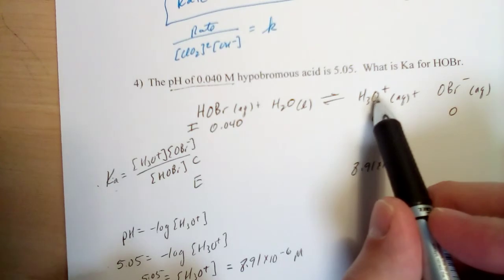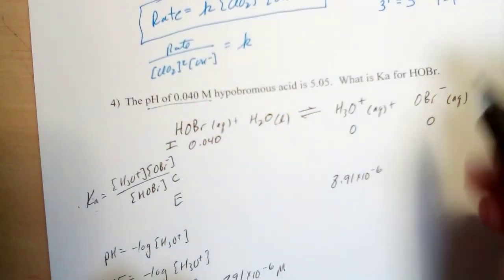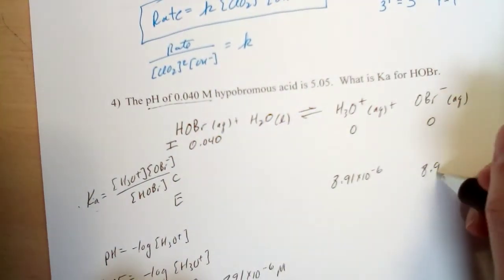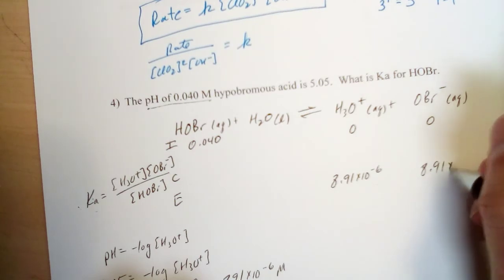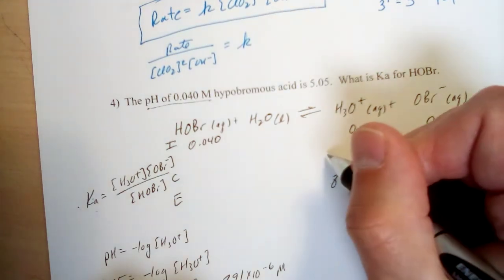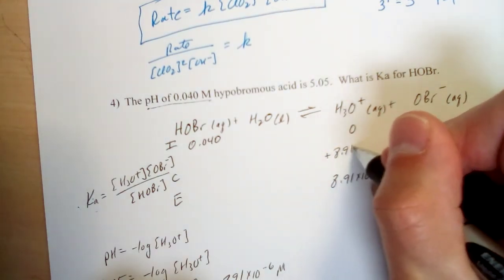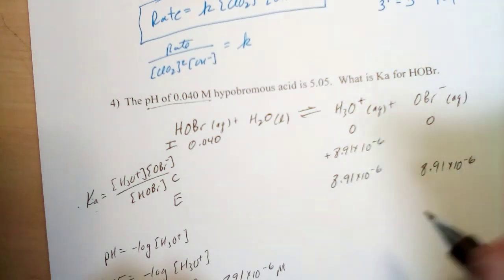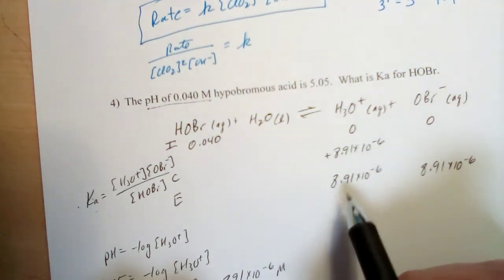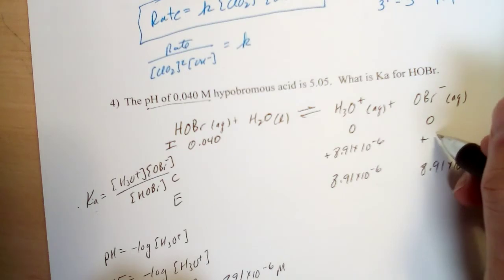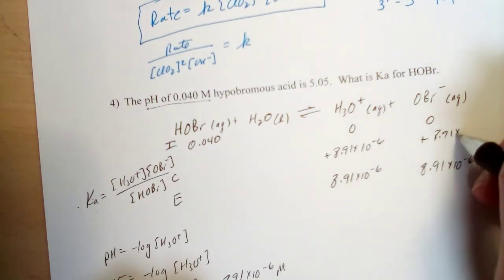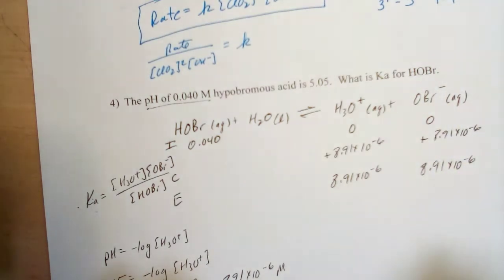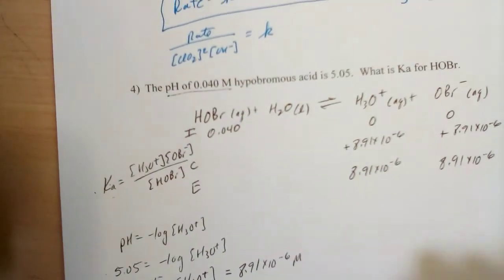Since hydronium is coming from the same reaction as conjugate base, it would also be 8.91 times 10 to the minus 6th at equilibrium. Now, to be complete here, once we know the concentration at equilibrium was a change from 0, that gives us the plus for each of those, the change for each of those in the ICE chart.